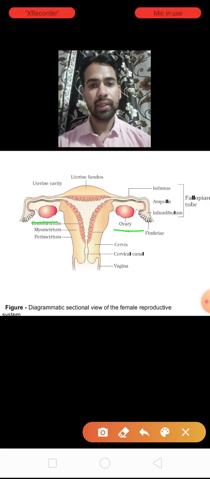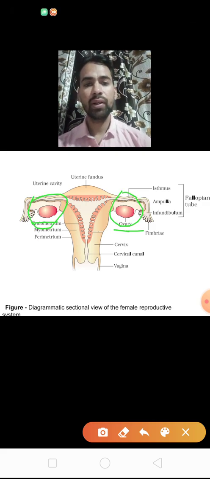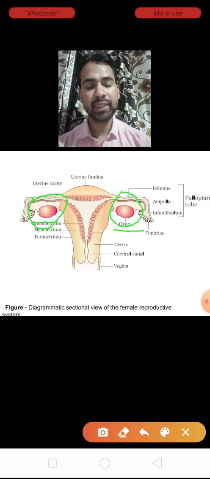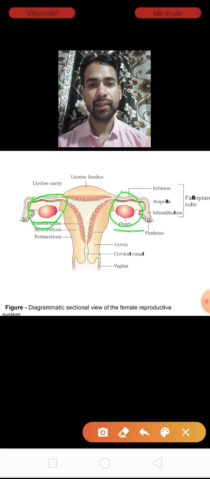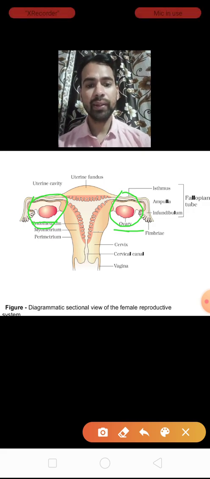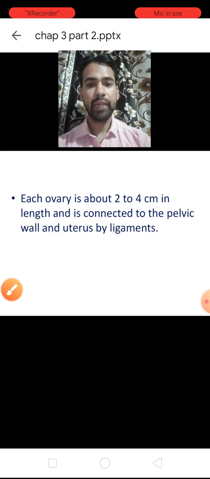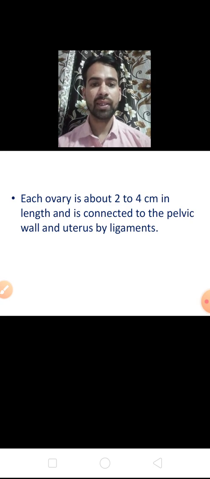Okay, these two ovaries are part of the female reproductive system, and the function of the ovary is to produce the egg or ovum, that is the female gamete. Okay, clear? Any problem?